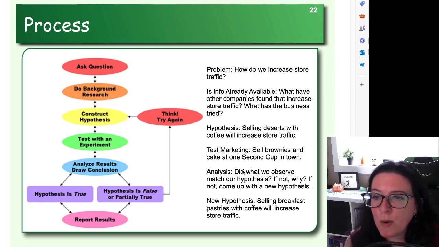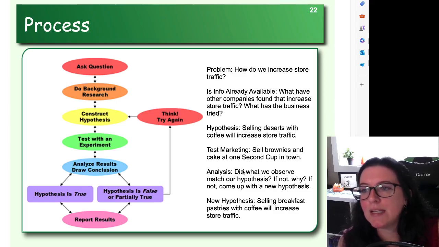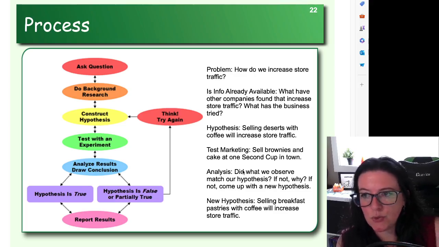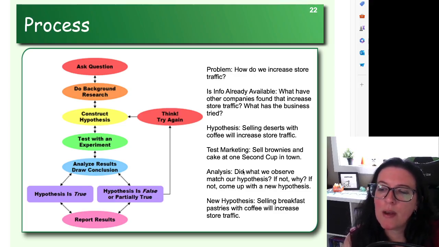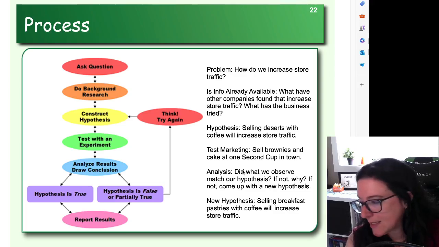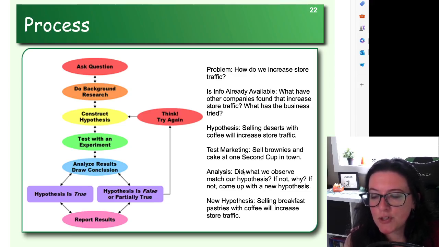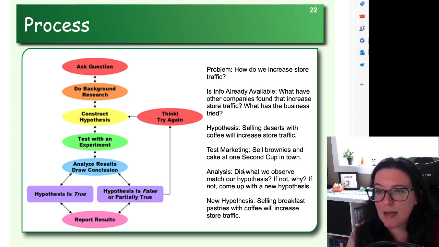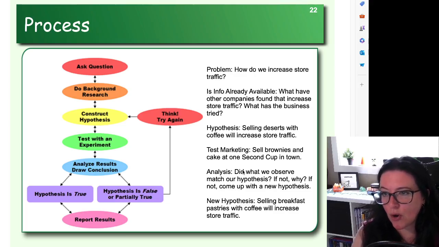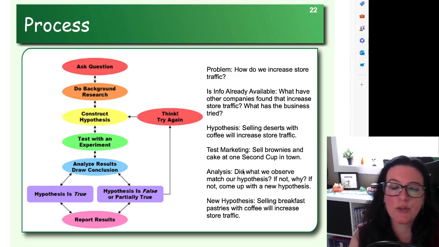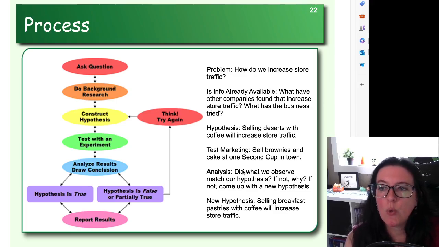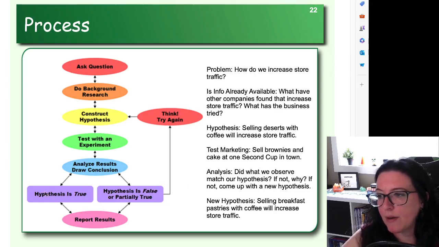Did we confirm what we believe? If we did not see what we expected to see, then come up with another alternative and test it out. So we need to ask a question, collect some background information, construct a theory on what should happen, and then test it out, analyze, and draw conclusions. So as we do all of our different types of research, we are following our scientific method.